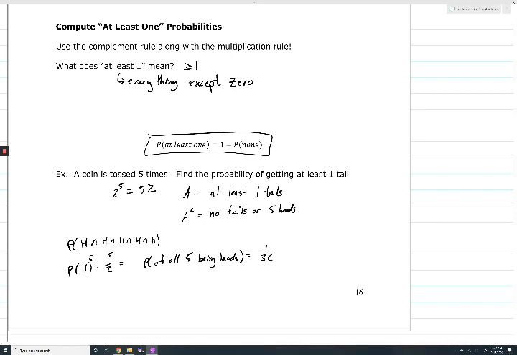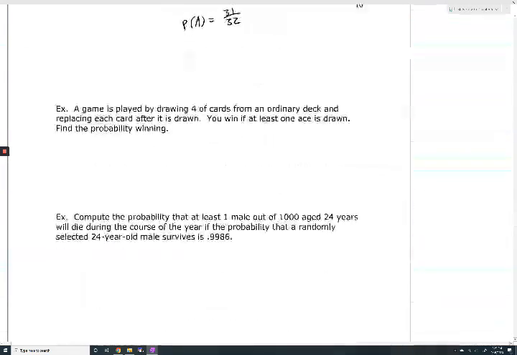Now I need to turn that around to look at least one tails, which means the probability of A is equal to 1 minus the probability of the complement of A. So what's 1 minus 1/32? Well, the probability of A is 31/32. And that's how we can use our at least one probabilities.